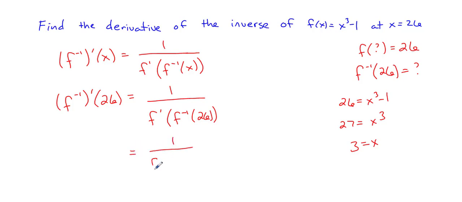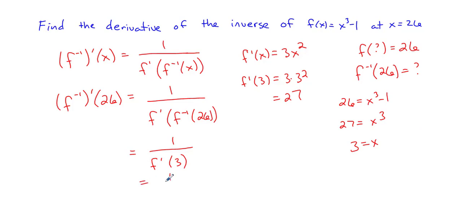1 over f prime of 3. What? All you're telling me is we have to take 1 over and find the derivative evaluated at 3? Yeah. Find the derivative now. So it'll be what, 3x squared? Evaluate the derivative at 3. 9 times 3, 27.